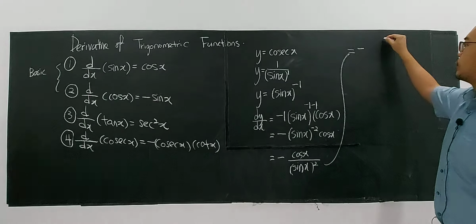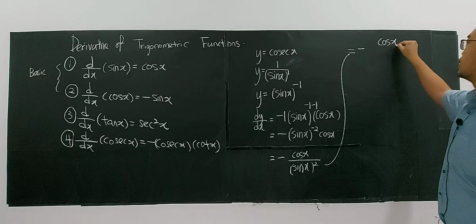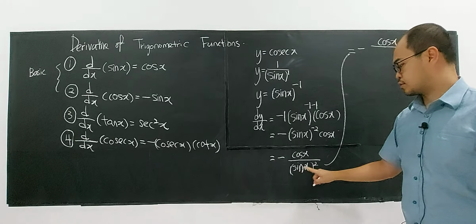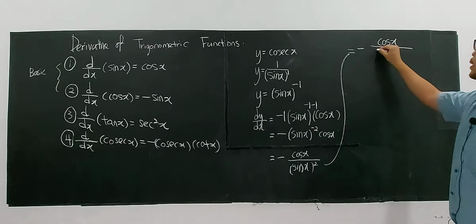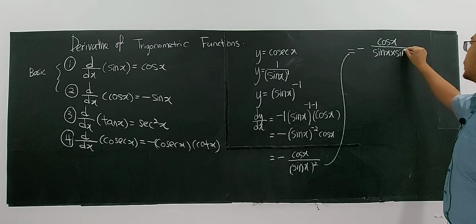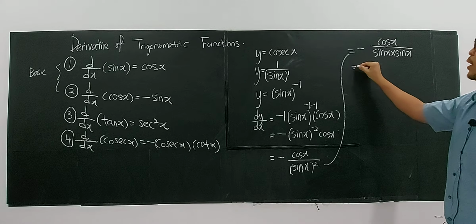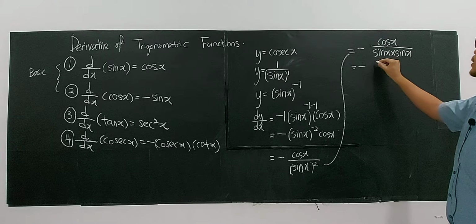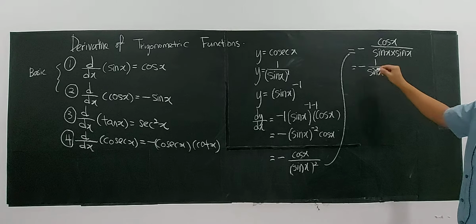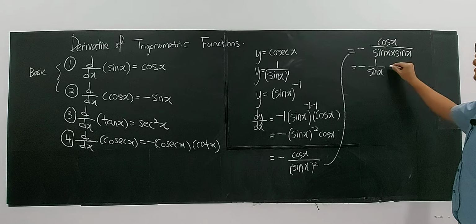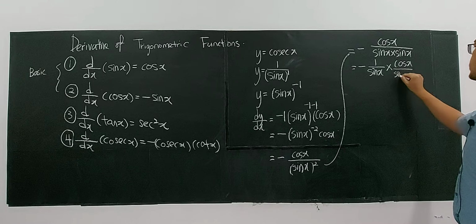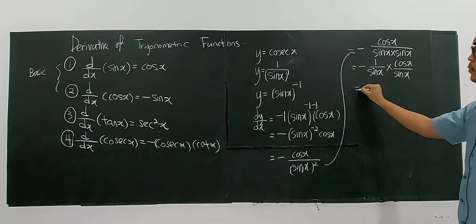Okay, I can rewrite this one to be cos x over sine x square. What is sine x square? Is sine x multiply sine x, right? So if I rearrange this, I can rewrite as 1 over sine x multiplied with cos x over sine x, right?